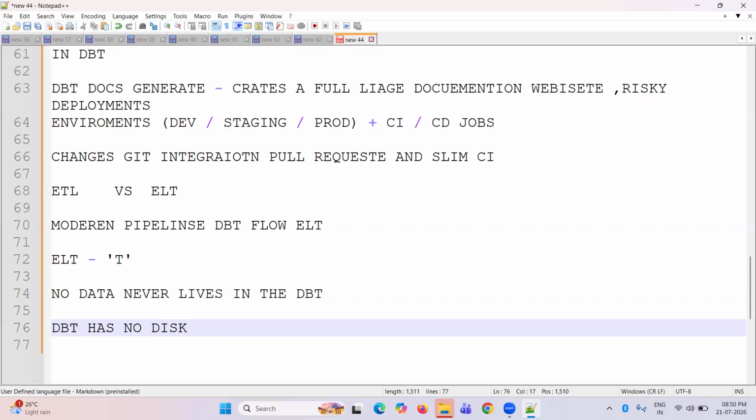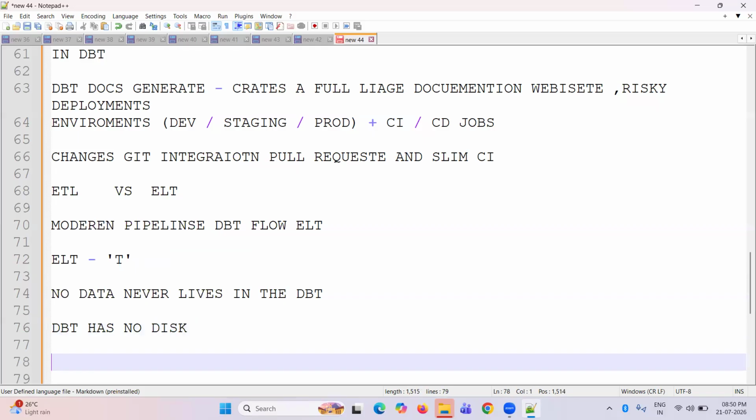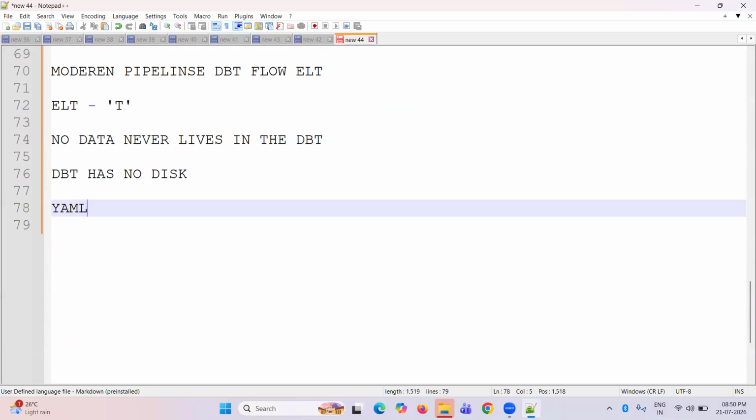So dbt only holds SQL files like models, configuration files, YAML files, tests, documentation and macros.